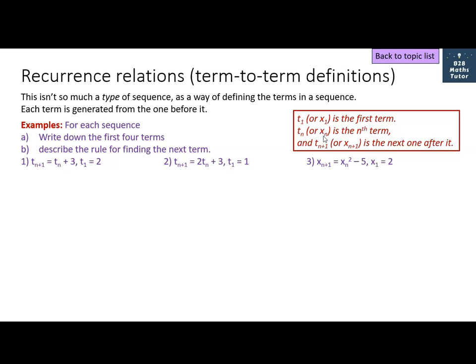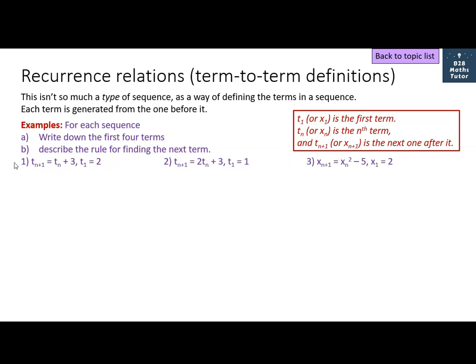And again, it could be Xn or Un. And Tn plus 1 is the next one after that. So if you're dealing with the fifth term, then Tn plus 1 is the sixth term. If you're dealing with the eighth term, then this is the ninth term, and so on.